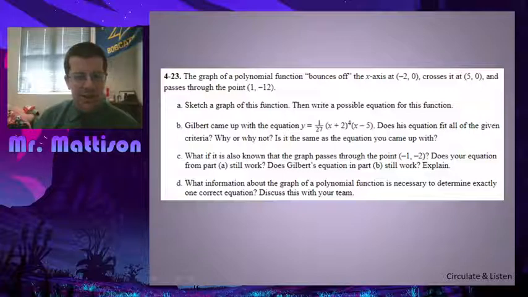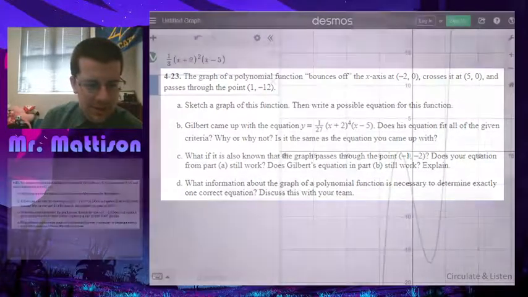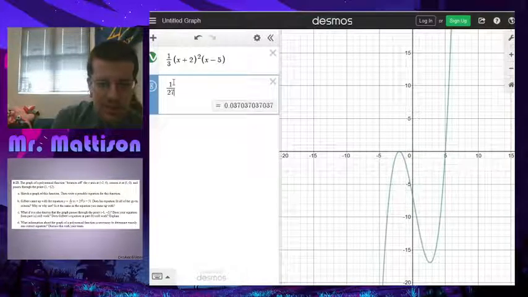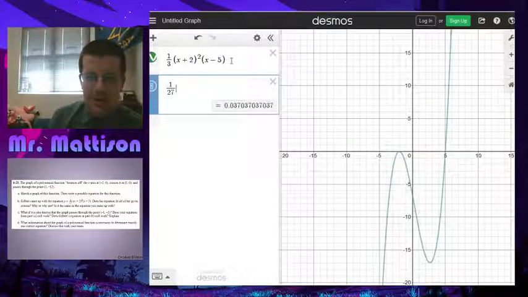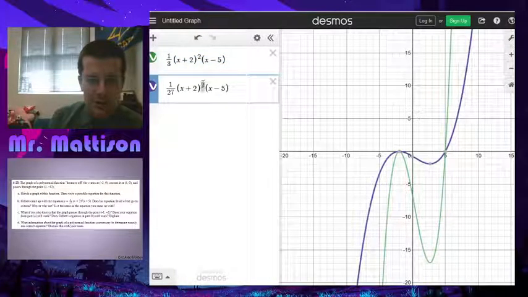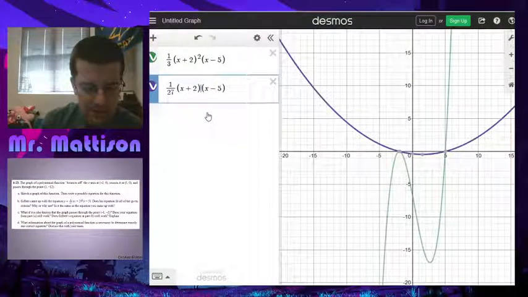So let's test Gilbert's and see if it's going to do the same. His is 1/27, so let's type over, there we go. So 1/27, and then it's the same thing as we just had here. So let's do some copy paste, and then this is raised to the 4th power.